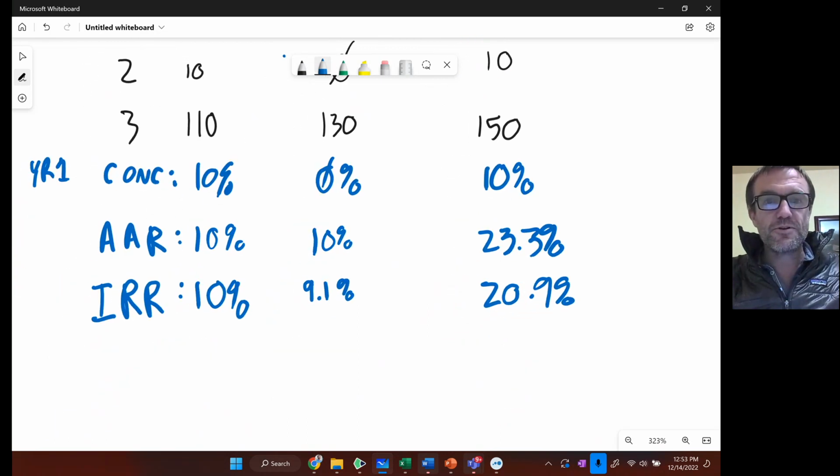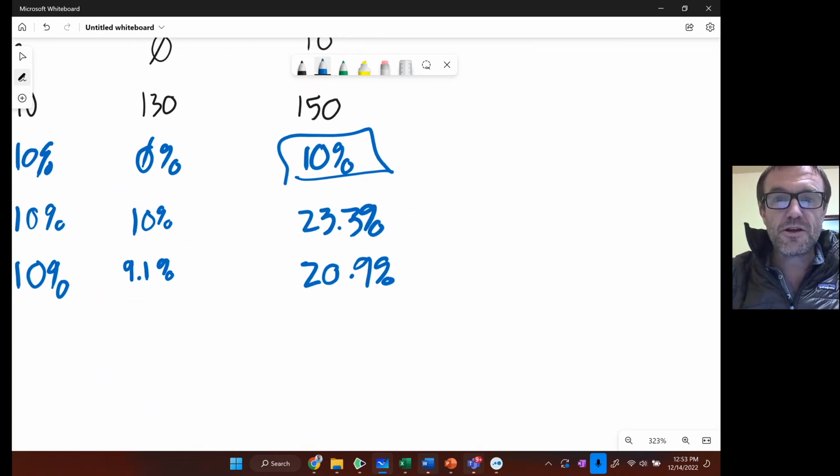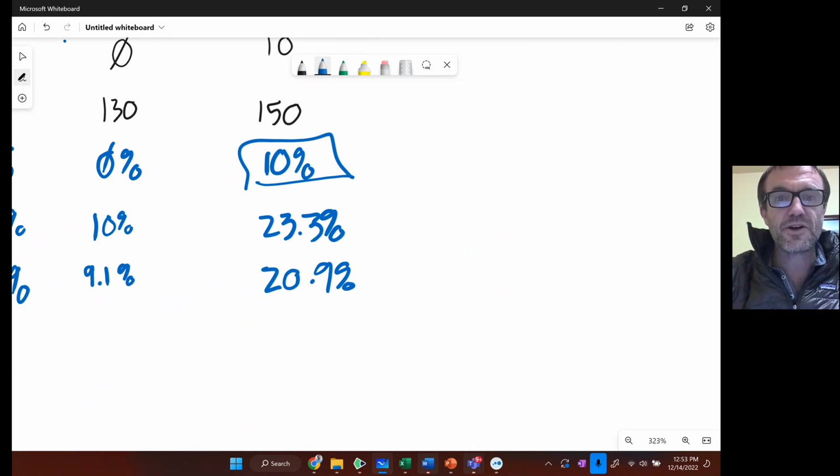So it's important to notice: say you looked at this investment, and let's just say you keyed in on this 10% number right here, and you said, that's my return. I'm getting a return of 10%. And then you looked at another investment, and someone else is telling you, hey, I've got an investment with an average annual return of 15%.